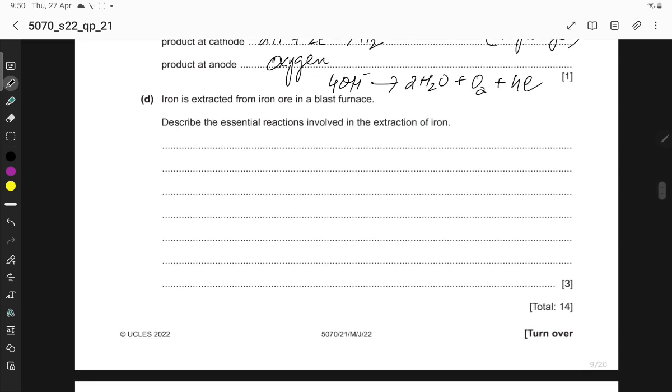Iron is extracted from iron ore in blast furnace. Describe essential reactions involved in the extraction of iron. Carbon reacts with oxygen to form carbon dioxide.